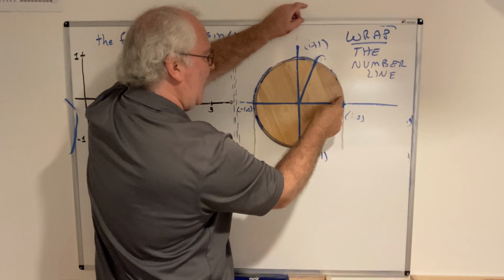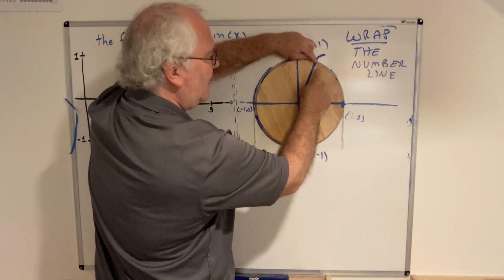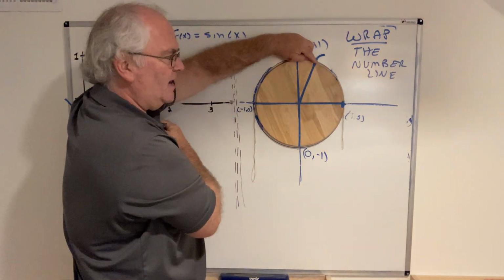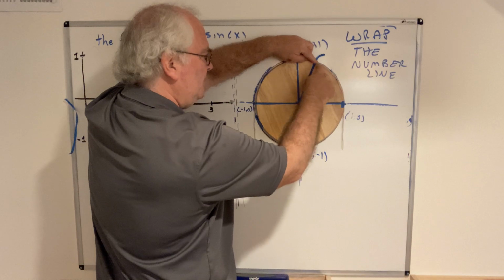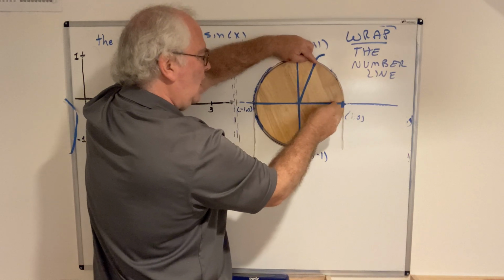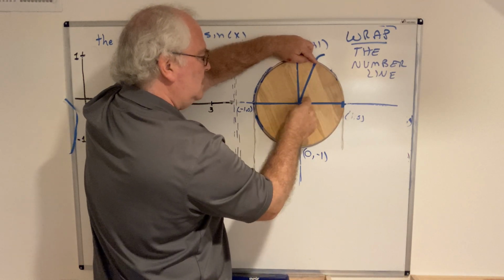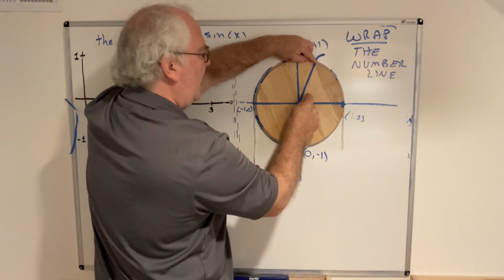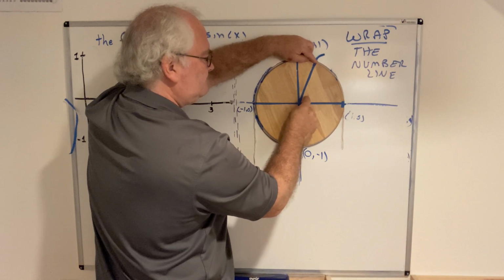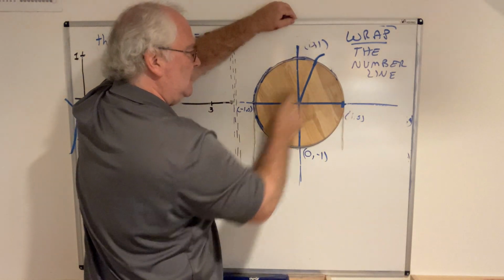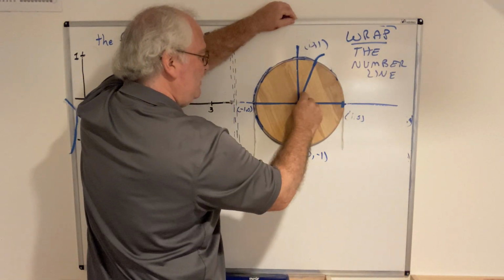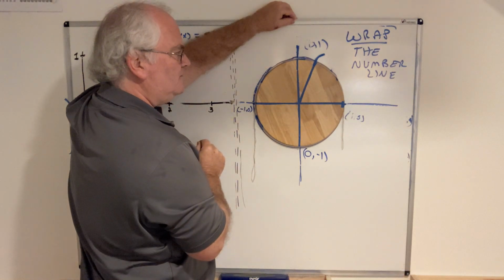Well, the length of that is precisely the x value that corresponded to that number on the x-axis. So S is precisely that number from the x-axis. R is the radius. And so S is equal to R times theta. Well, if R is 1, that means S is equal to theta. So this arc length and this angle are the same number.